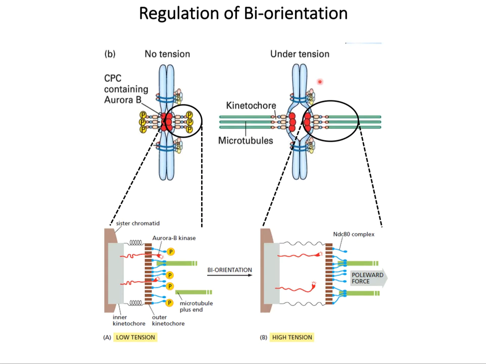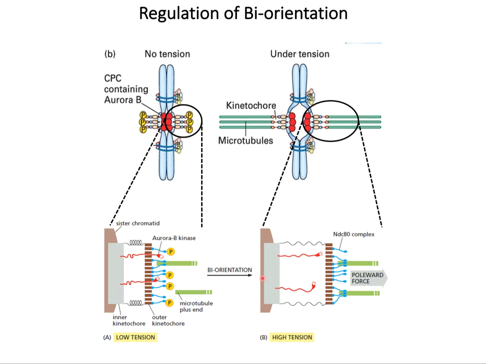But when this biorientation occurs, each of the kinetochore regions on each sister chromatid is bound to the opposing microtubule, and the tension forms, and you get a change in the conformation of the chromosome, such that the kinetochore protein complexes are now pulled away from the CPC, or the chromosome passenger complex. And when that happens, the Aurora B kinase cannot phosphorylate the proteins within this kinetochore region.